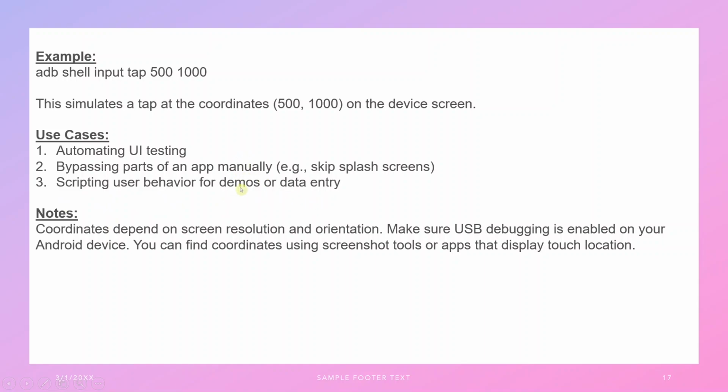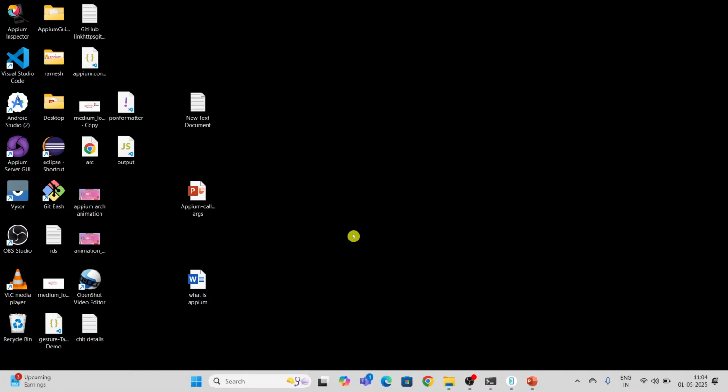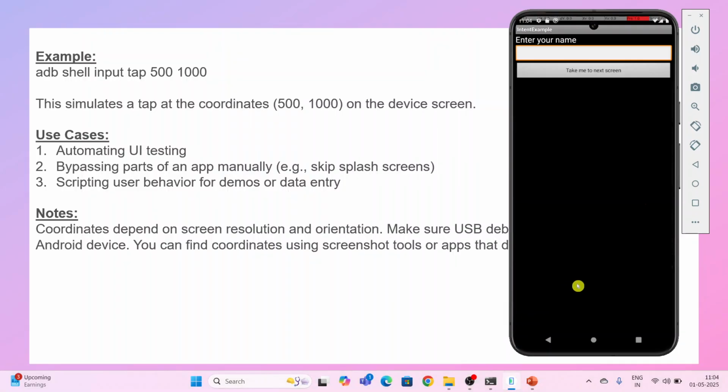These are the three use cases. And note, the coordinates depend upon the screen resolution and orientation. As you know, we have different screen sizes, resolutions and orientations, so our X and Y coordinates will change on the simulator or real device, and we need to update them accordingly.